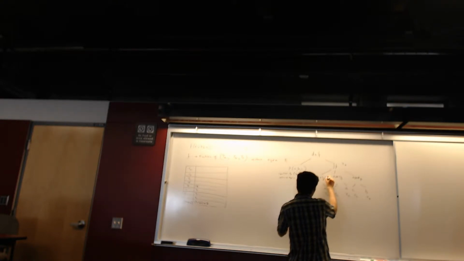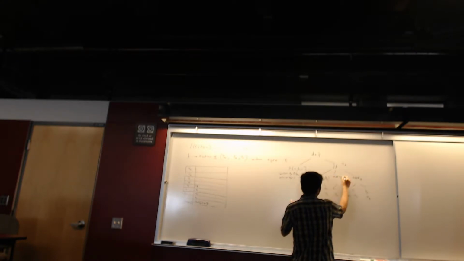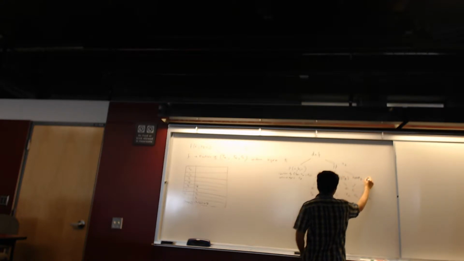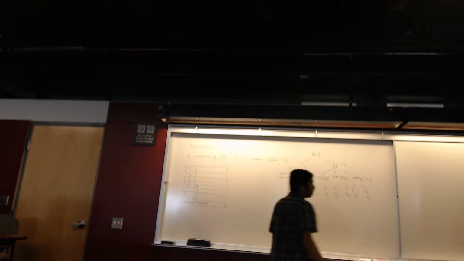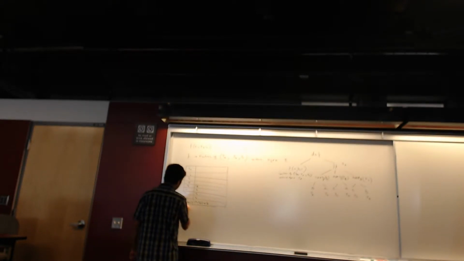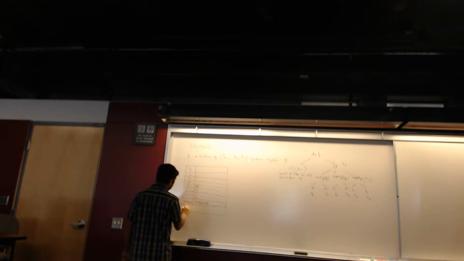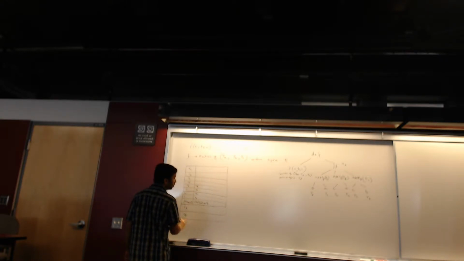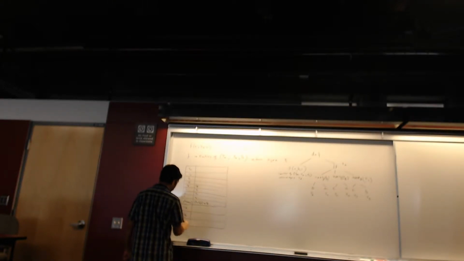So you have furthermore TF, TG and TH, right? You have to have types for them as well. So now you have TF, TG, and TH. Right?